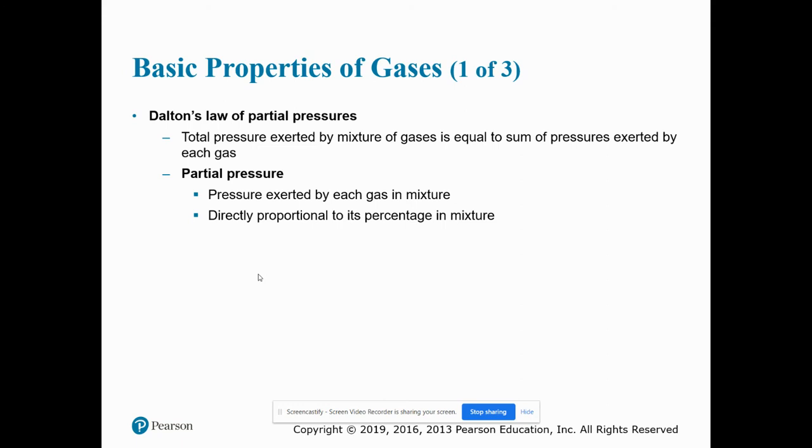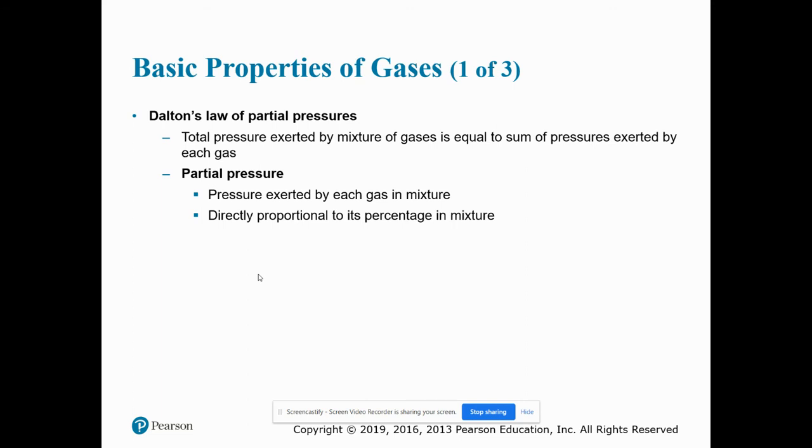But when we talk about air, usually we only talk about the nitrogen, the oxygen, the CO2, and sometimes the water vapor. The pressure exerted by nitrogen, added to the pressure exerted by oxygen, CO2, and water vapor, gives you the sum total of the pressure of air.